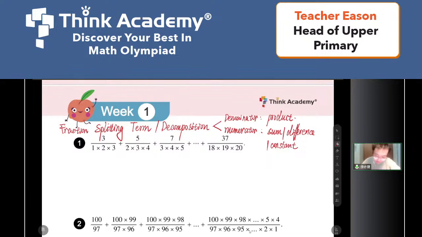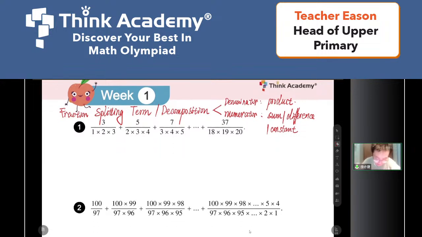So for example, question 1. If we look at only the denominator, it's a very classic decomposition one, because it's the product of 3 consecutive numbers.